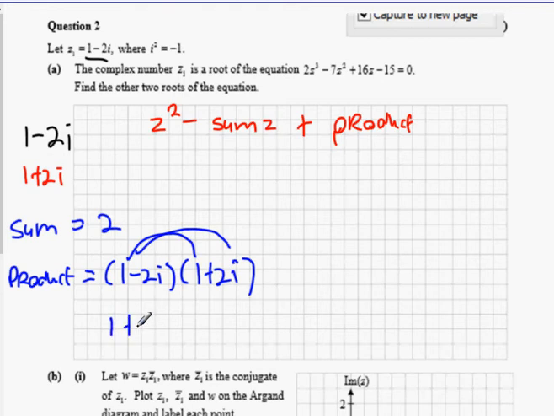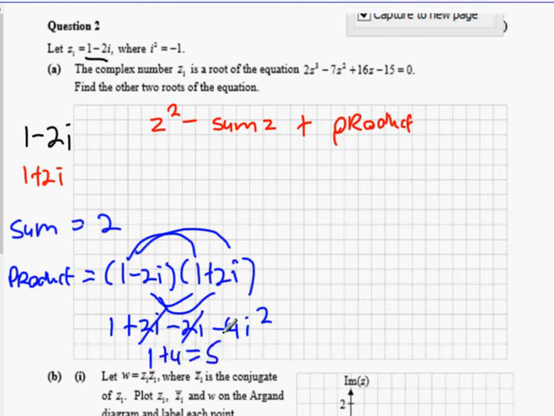So you've got 1 plus 2i minus 2i minus 4i squared. Minus 4i squared, anybody? Plus 4. 1 plus 4 equals 5. So what we're next going to get is z squared minus 2z plus 5 equals 0.